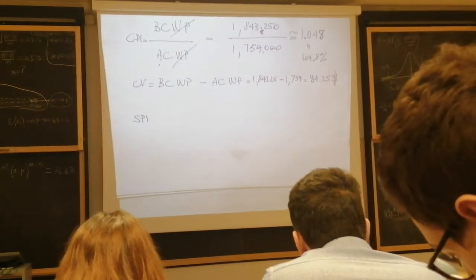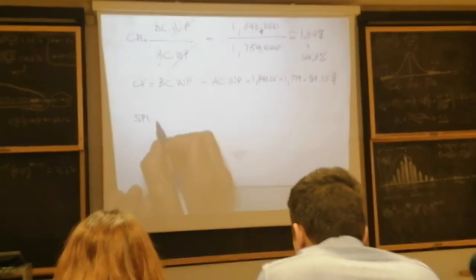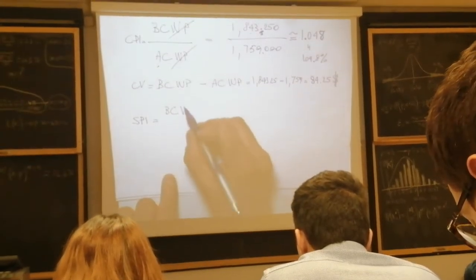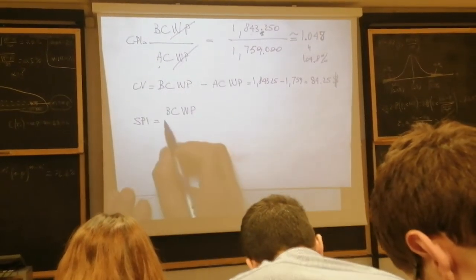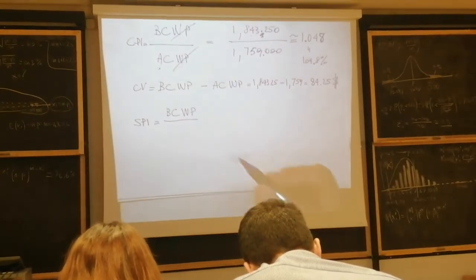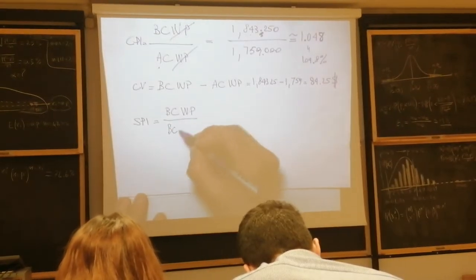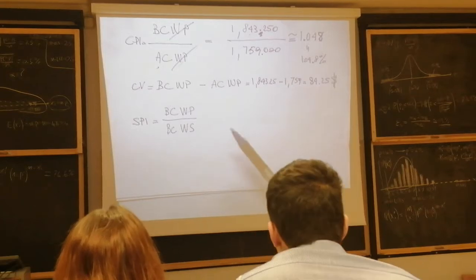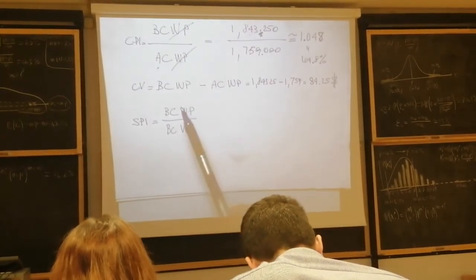I call this the schedule performance index, SPI. It's no more the cost performance index. It compares the BCWP at the numerator, and at the denominator the one that we're missing, the budgeted cost of the work scheduled. It's the SPI, a performance indicator.